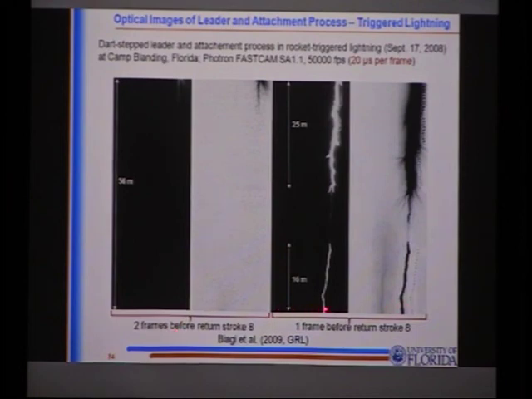And this pair of images, again, this is the negative of this one, is 1 frame before the return stroke. The next frame would be the return stroke saturating the entire image. In this case, it is extended 25 meters, and in the negative you can see the streamers from the kinks of the channel and also from the tip.